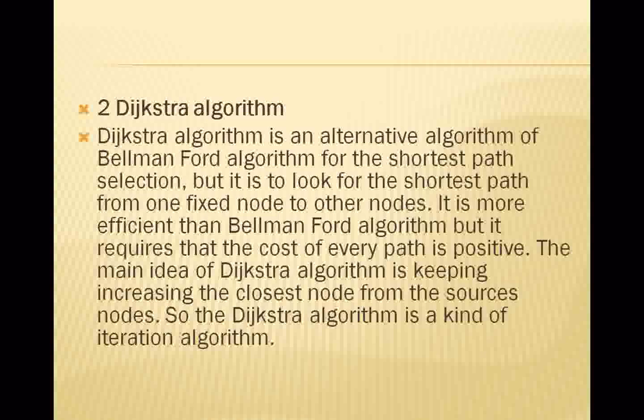It is more efficient than the Bellman-Ford algorithm, but it requires that the cost of every path is positive. The main idea of the Dijkstra algorithm is to keep adding the closest node to the set of shortest-path nodes. So the Dijkstra algorithm is a kind of iterative algorithm.